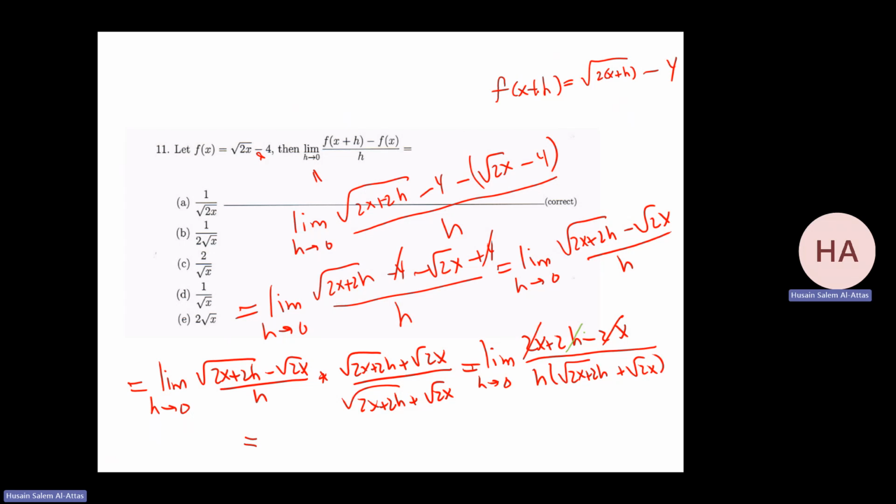After you do the cancellation, h goes with h, so I have 2 over, h goes to 0 here, square root 2x plus square root 2x. So I'm getting 2 over 2 square root of 2x. So I have 1 over the square root of 2x, and that will be my answer.